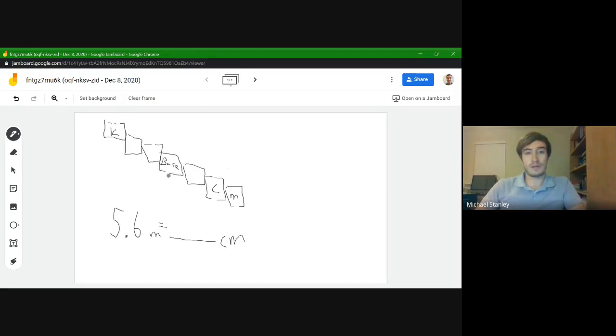So meter is right here as one of our base units. So that's going to be our starting point for this equation. Centimeters are over here, a couple spaces down from our meters. So that's going to be our ending point. So if we start at meters and go to centimeters, here, let me ask you guys, how many steps do we have to go in order to go from meters to centimeters?